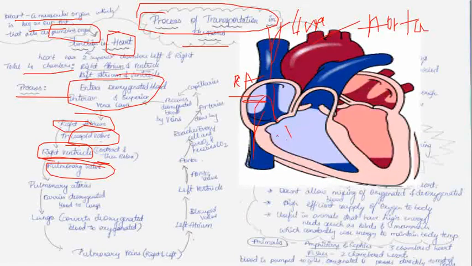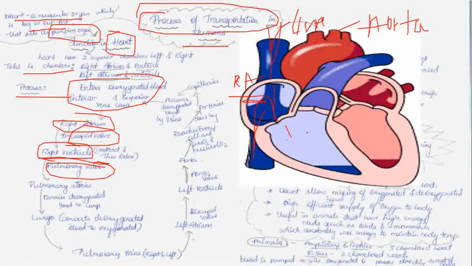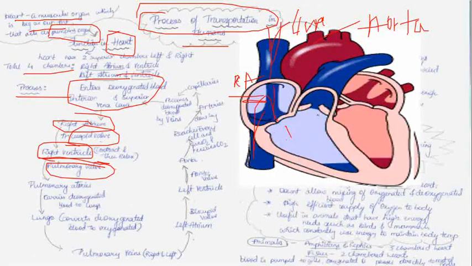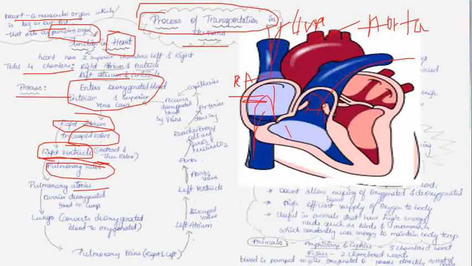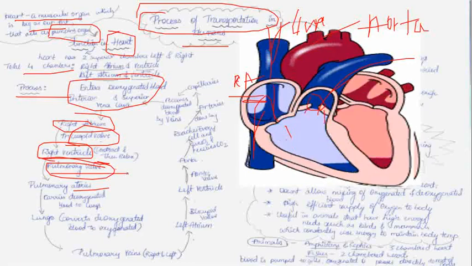As the blood passes through the right ventricle, it contracts and then the blood passes out through the pulmonary arteries. Here you can observe the muscular flaps, the valve present between the pulmonary artery and the right ventricle. It is called the pulmonary valve.